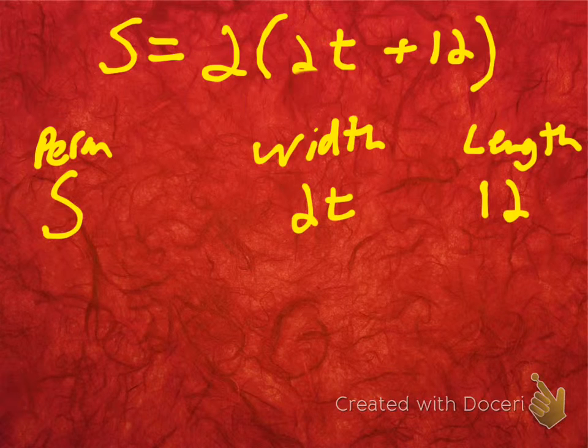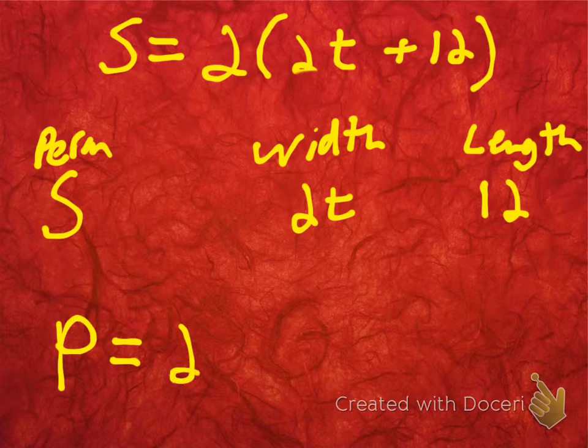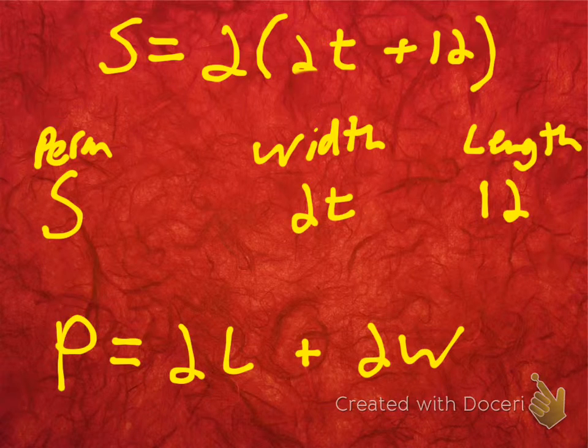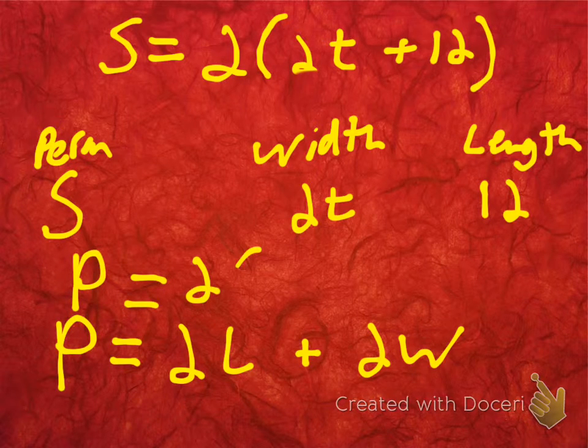Alright, so anybody remember the formula for perimeter? Length times width is area. 2 times length plus 2 times width. Now, I'm here to tell you that that's the same thing as saying 2 times L plus W. It's the same thing, right?